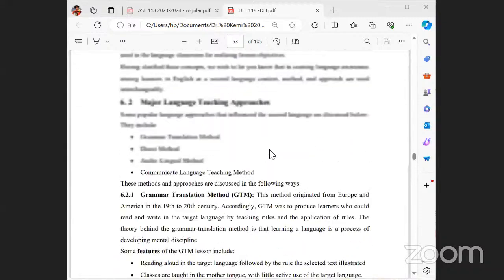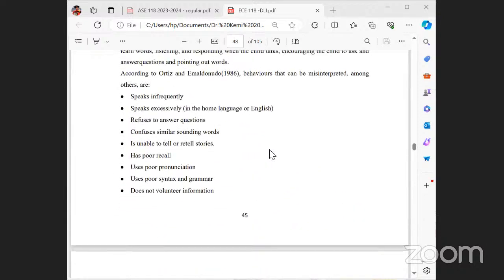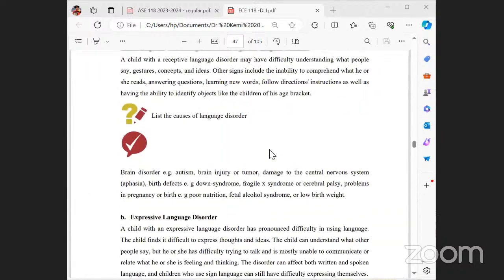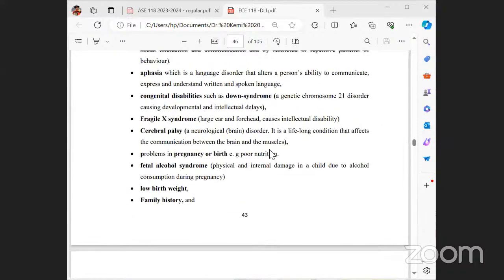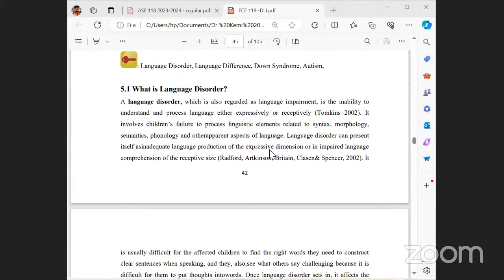Okay, that's beautiful. So, like I was saying, I want to reemphasize language disorder in early childhood. When we talk about language disorder, what are we referring to? We are referring to language impairment, and that is the inability to understand and process language either expressively or receptively.